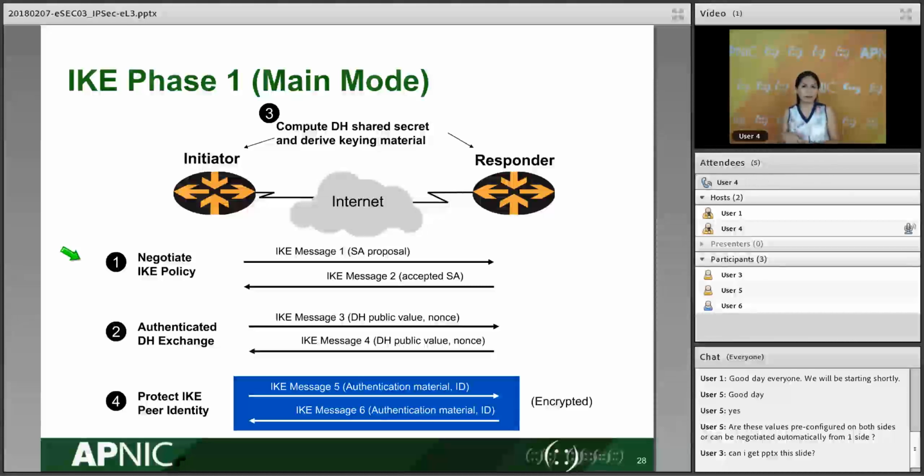I'm not sure what values you're referring to here, but the proposals in the SA are usually configured per router. Something that you specify, that's based on your policy. So it can be the same as the other party, or maybe you're both managing these two, so you'll end up having the same at the end of the day. But it's something that you configure initially per router. Okay, I might have that in the example that you can see later on.